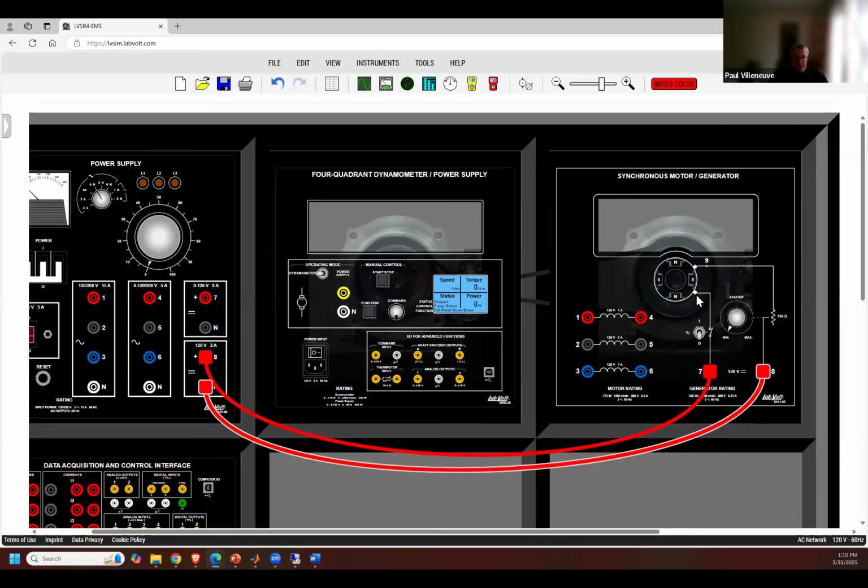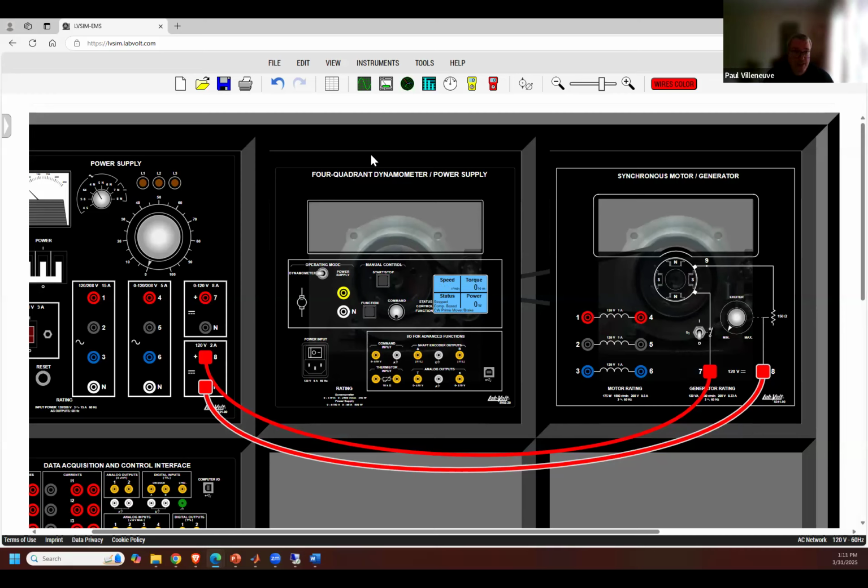This goes and you can actually see some of the commutator and brushes here, provided in north and south. And then just to make things easier, they have this rheostat in here that allows you to adjust the current. Because when we have a fixed 120 volt DC, it's difficult for us to go ahead and control the current. So we add this rheostat in here to go ahead and make that work. Okay.